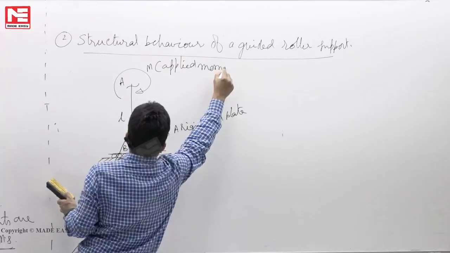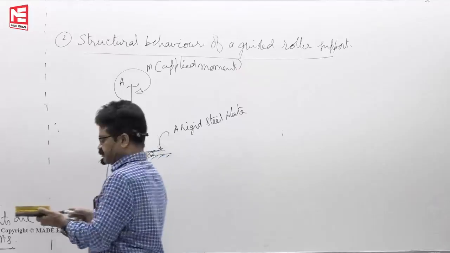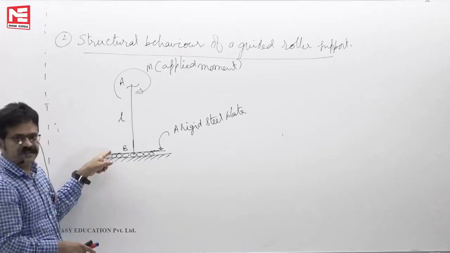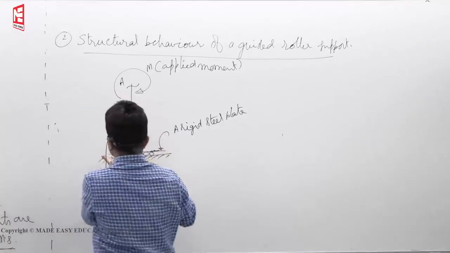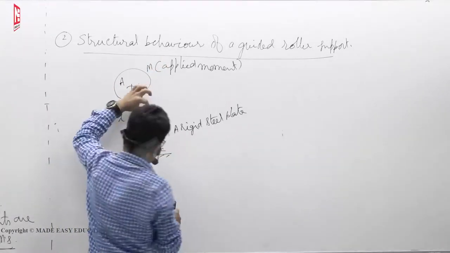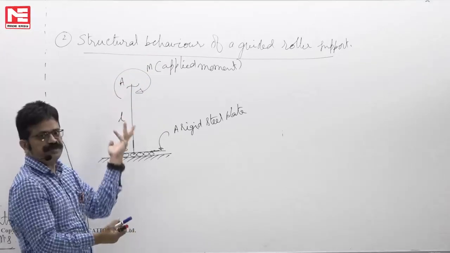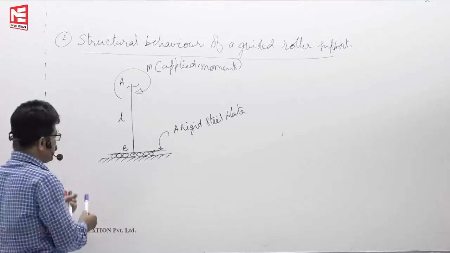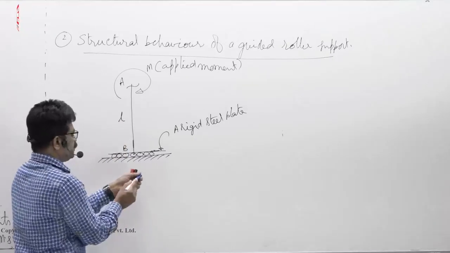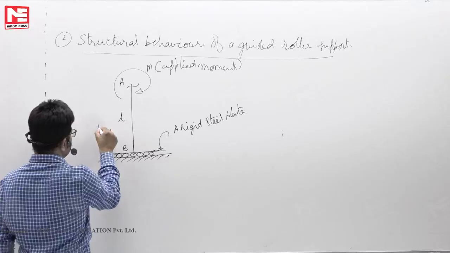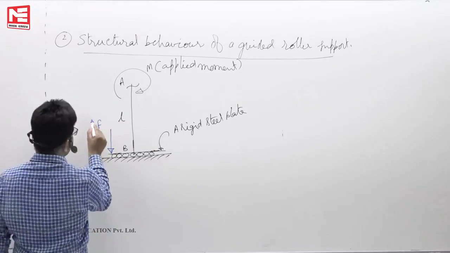So on the column there is some applied moment M, say. Now what happens? If at all there is nothing here, when I turn it up, naturally it will simply go up, this will go down. So simply it will move up because there is nobody to prevent it. But here what happens? There is a channel here, flange. That flange pushes it down like this with a force F. So who gives this F?